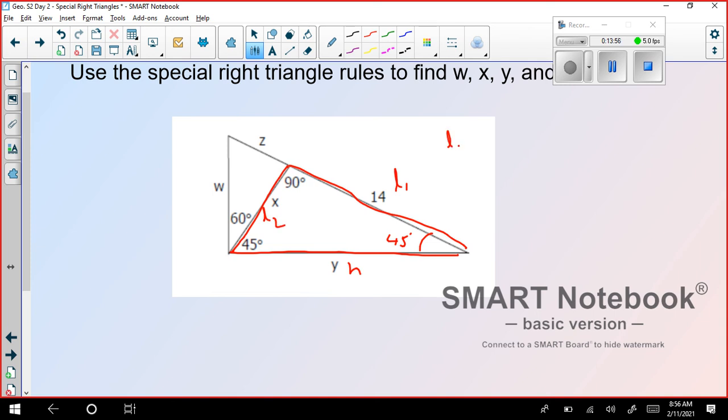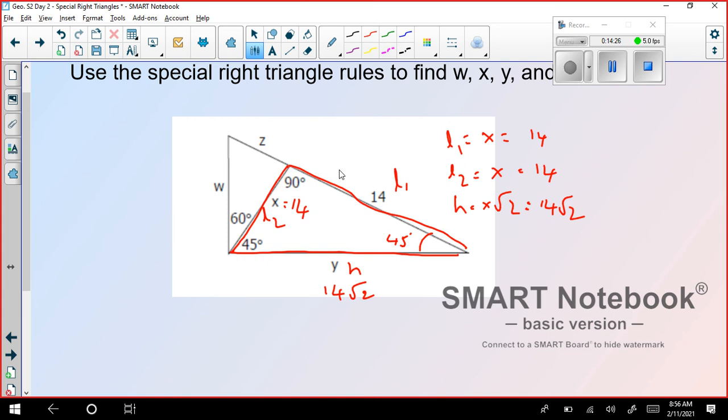So if leg 1 is x, then leg 2 is also x, and the hypotenuse is x root 2 in case of 45, 45, 90. So I have leg 1 as x, leg 2 is also x, which is 14. Okay, and the hypotenuse is x root 2, which is 14 root 2, which will give us these values. So y is 14 root 2 and this x is 14.